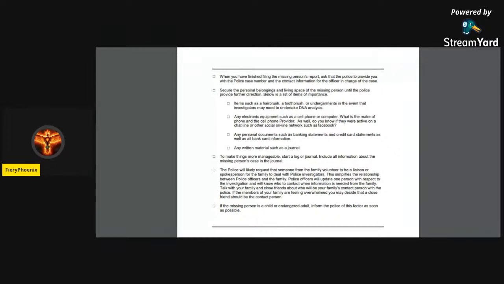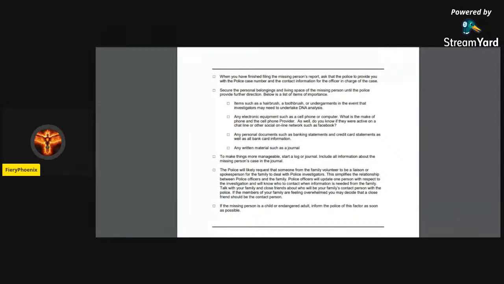Any electronic equipment such as a cell phone or computer. What is the make of the phone and the cell phone provider? I've heard them, what they call ping the phone as well. Do you know if they're active on chat lines or other social online networks such as Facebook?